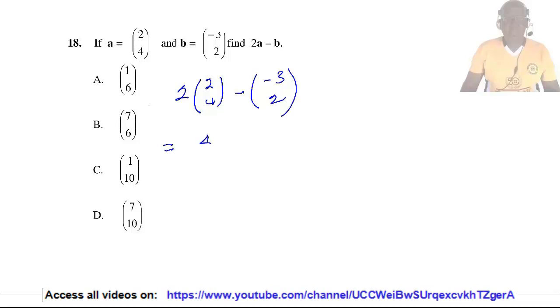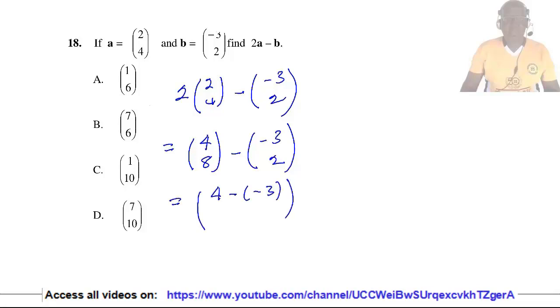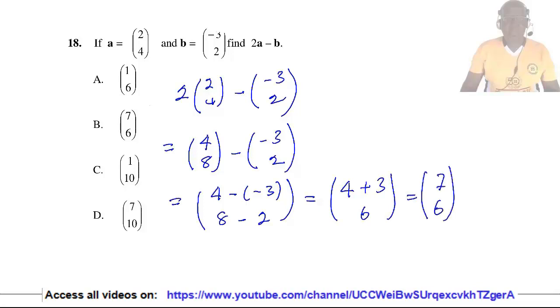So we get (4, 8) minus (-3, 2), which equals, for the S component, 4 minus -3, and for the Y component, 8 minus 2. This equals 4 plus 3 over here, and then 6 over here, or (7, 6). So the answer is B.